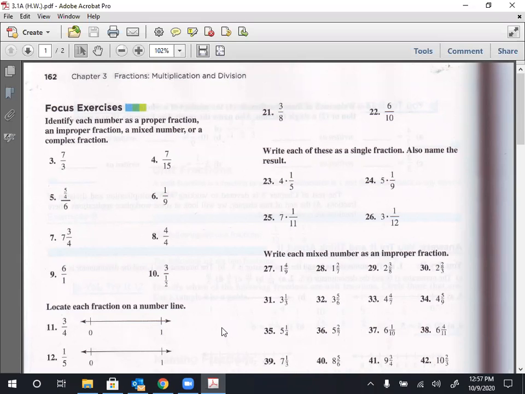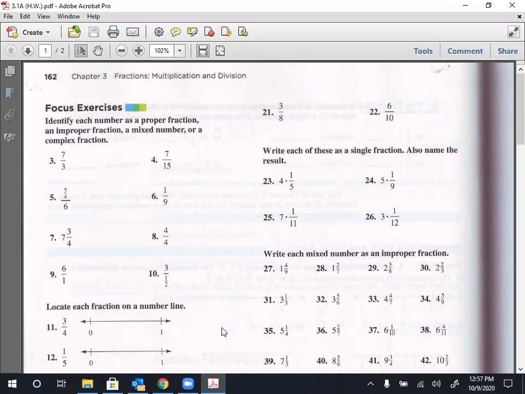A unit fraction means a fraction equal to 1, such as 8/8 or 3/3. Those are unit fractions, okay?